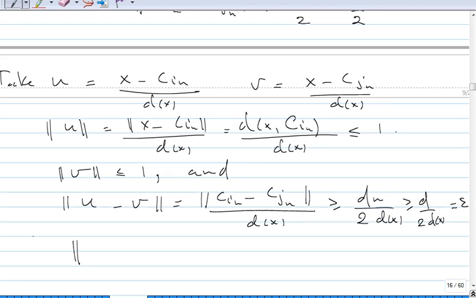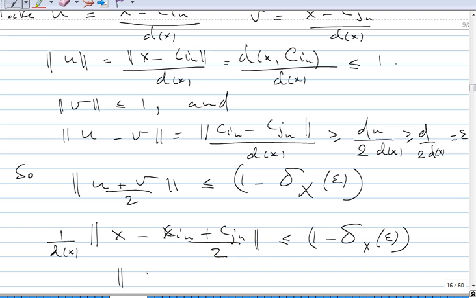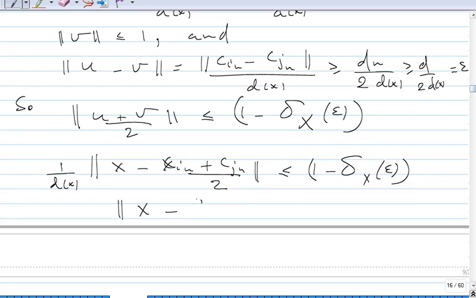So the norm of u plus v over 2 is going to be less than 1 minus delta x of epsilon. And it's very easy to see that the norm of x minus Cin plus Cgn over 2, remembering it's divided by dx, is less or equal than 1 minus delta x of epsilon, which gives that the norm of x minus Cin plus Cgn over 2 is less or equal than dx times 1 minus delta x of epsilon.